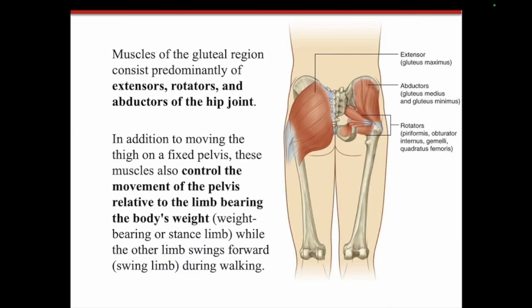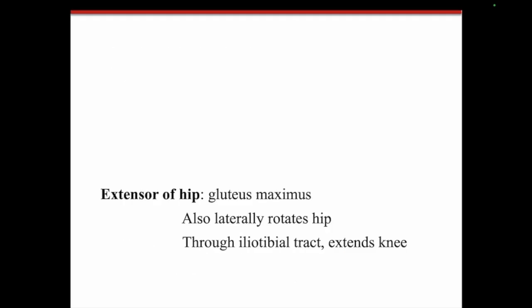So let's put all these muscles together. We have extensors, rotators, and abductors. The abductors are the medius and the minimus. The extensor is the maximus, and the lateral rotators are the piriformis, the obturator internus, the gemellus, and the quadratus femoris.